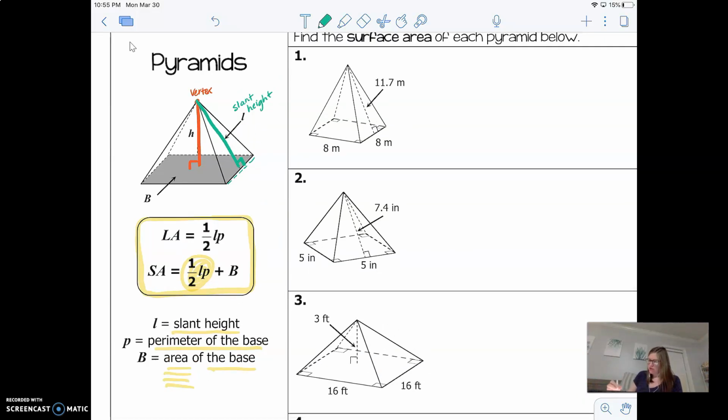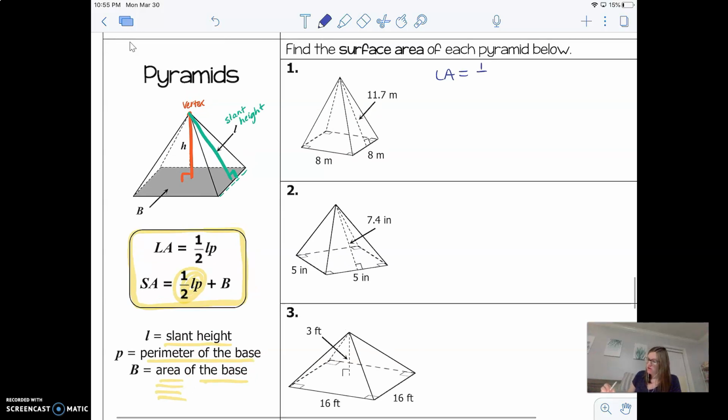Okay, lateral area is, oh yeah, this is going to be a good one. So we have 1/2 LP. So what's my L right here?